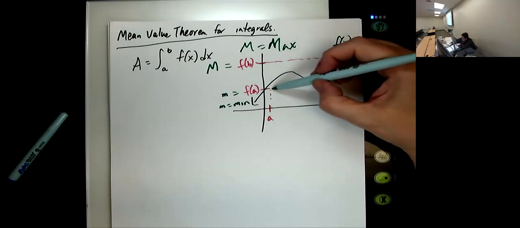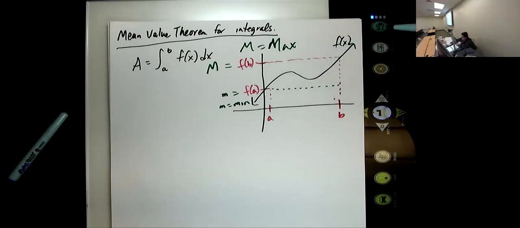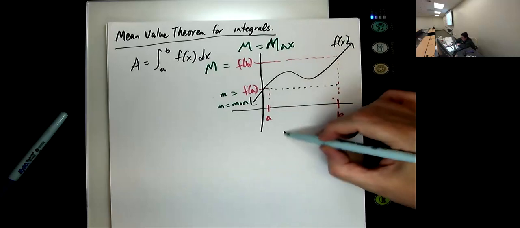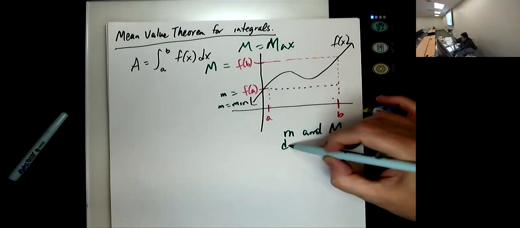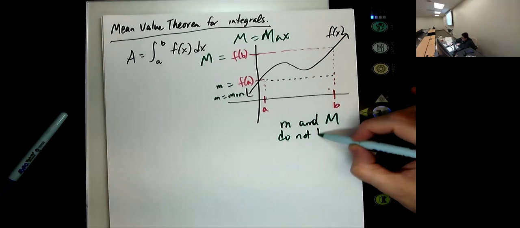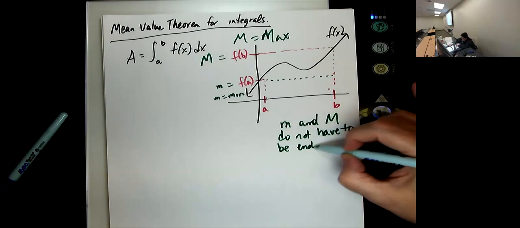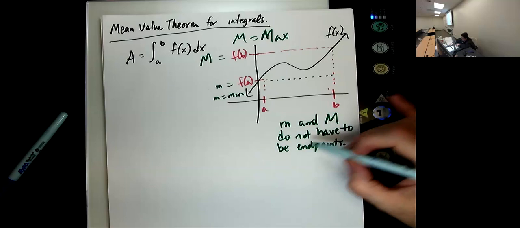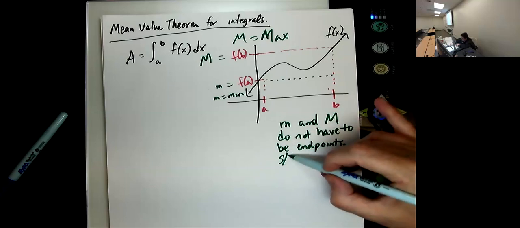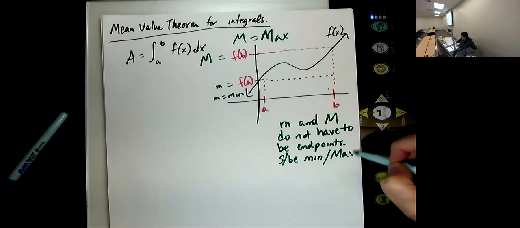In my picture, they just happen to be the endpoints, but they don't have to be the endpoints. They should be the max and the min, or min and max, the way I wrote the letters.